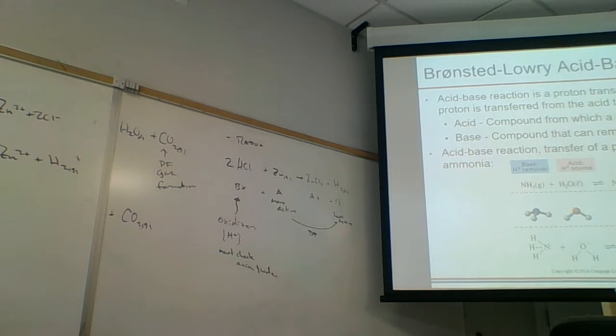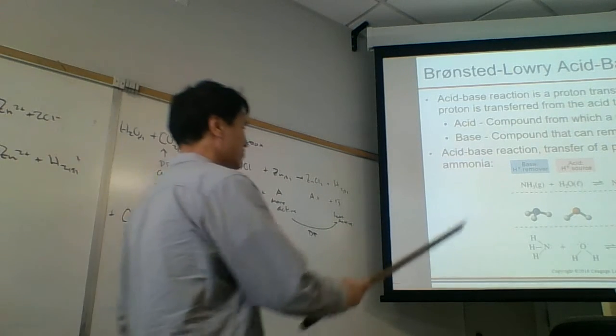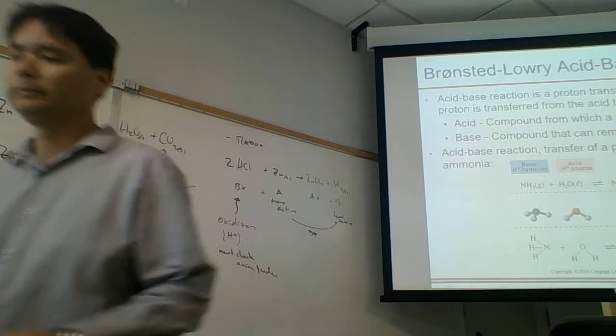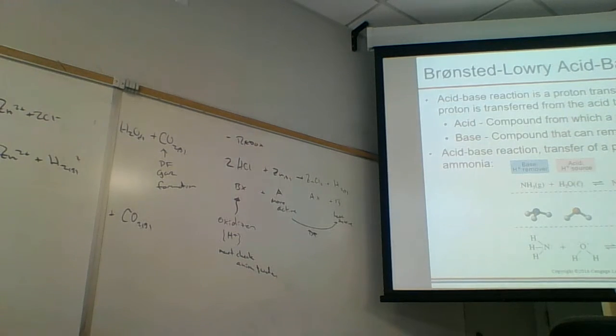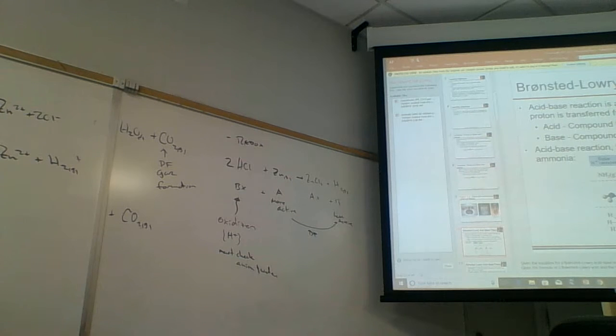All right, so let's take a look at this reaction here. What I'm going to do is rewrite this up on the board. If I take a look at ammonia, what is ammonia? Is it an acid, is it a base, or is it both?